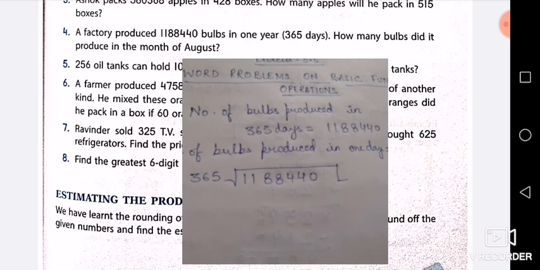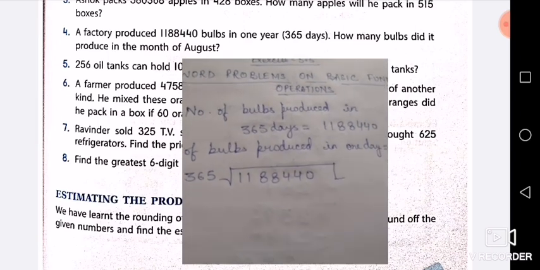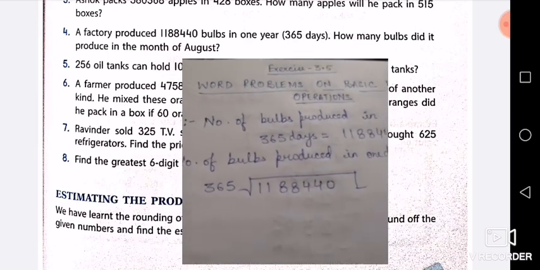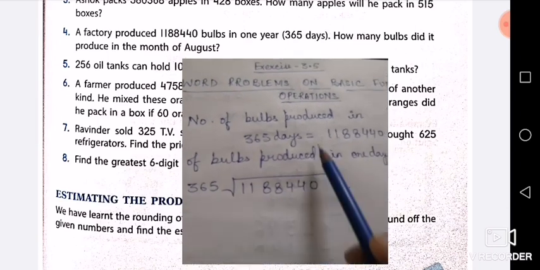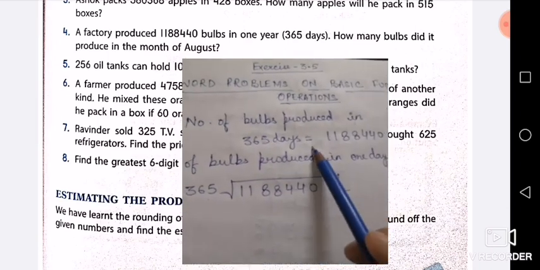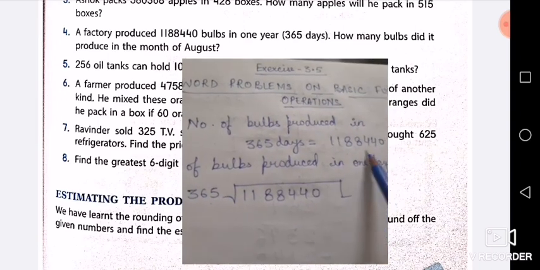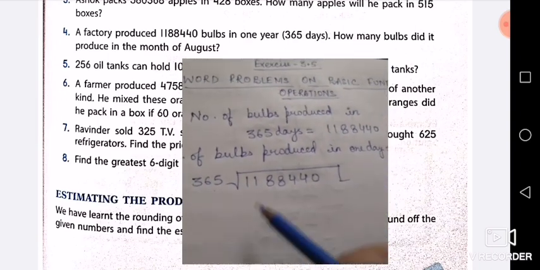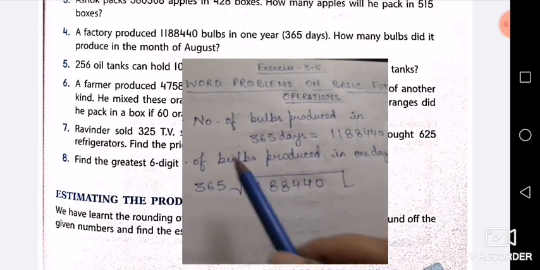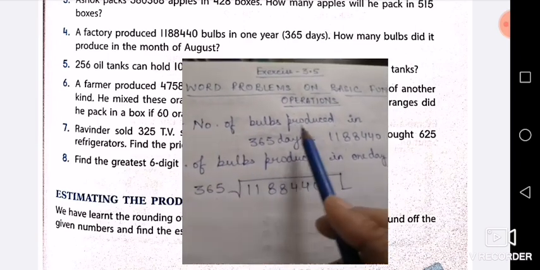How will you find it? 11,88,440 is going to be divided by 365, which is the total number of days in which 11,88,440 bulbs are produced. I hope that is clear.